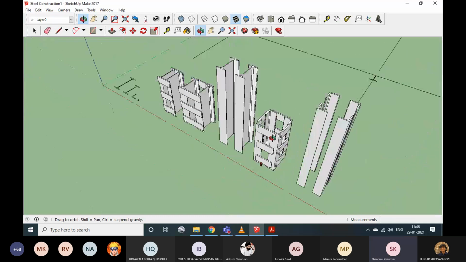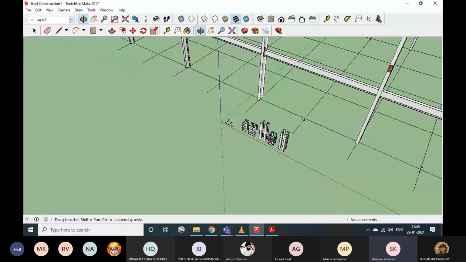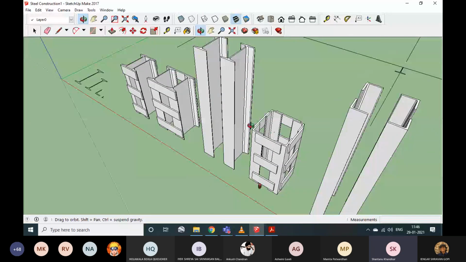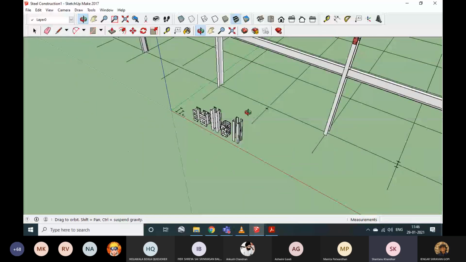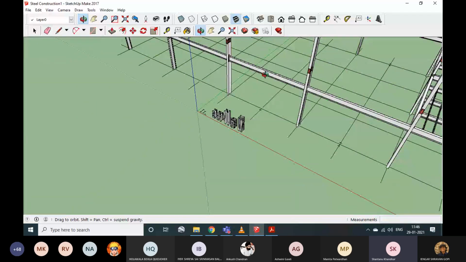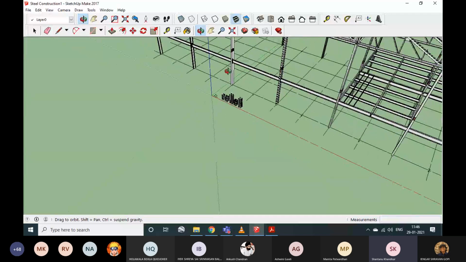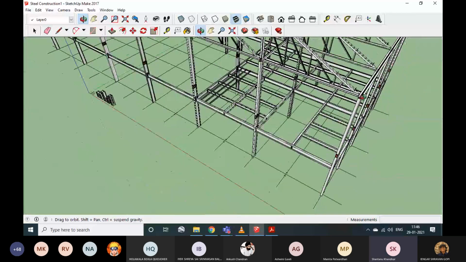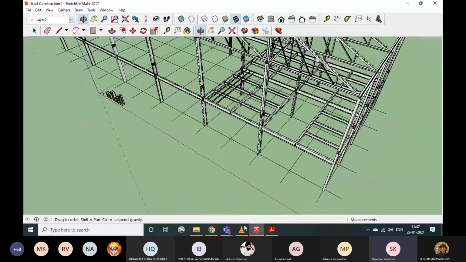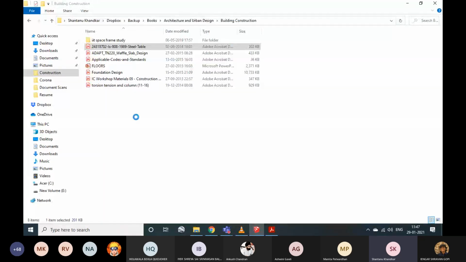Another question that often gets asked is, if I have an RCC beam, how do I connect an RCC beam to a steel member? Again, the answer is by means of a base plate. So let me just show you guys what I mean by that. I hope I have that image somewhere over here.